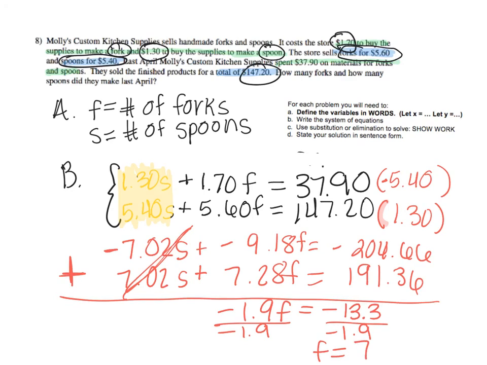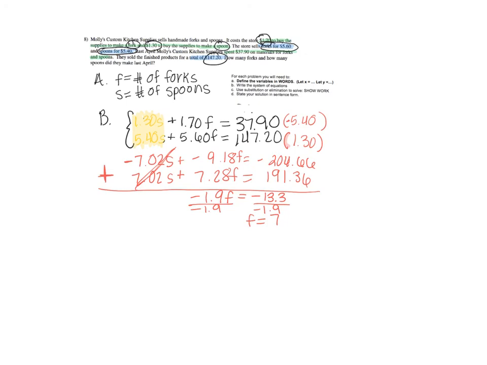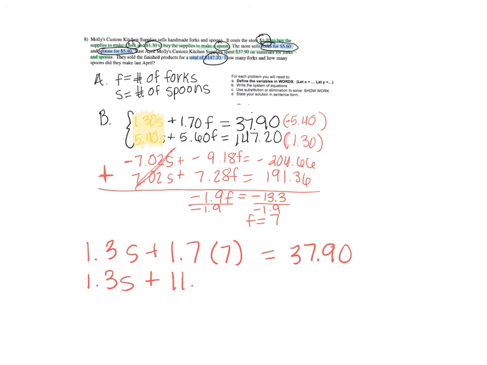From here, I'm going to substitute that into the first equation, so I'll have 1.3S plus 1.7 times 7 equals 37.90. You can choose either equation. I just chose the top one because it had smaller numbers. So I have 1.3S plus 1.7 times 7 gives me 11.9.